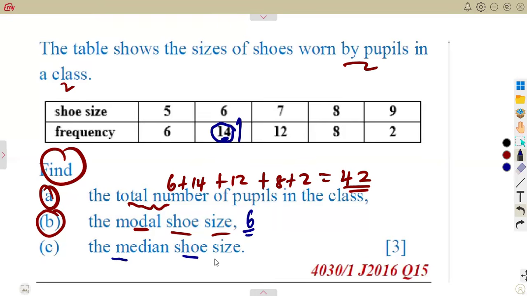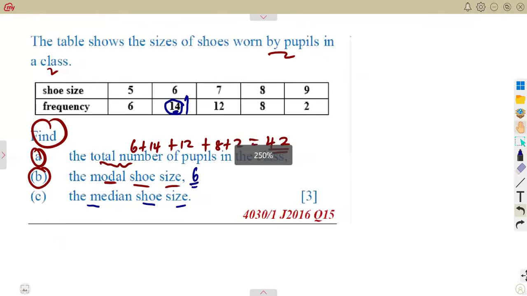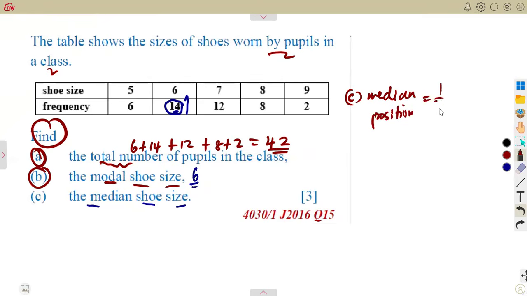The median shoe size. From the median position first, we can determine that. Remember, I said you can find first the position, the median position, which is equivalent to half of n plus 1, n being the total frequency. Remember, you calculated the total number of students. There are 42 plus 1.